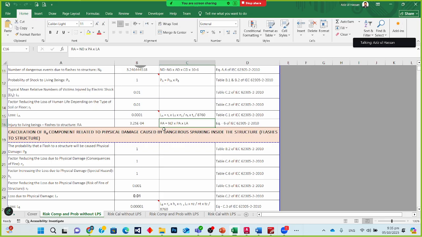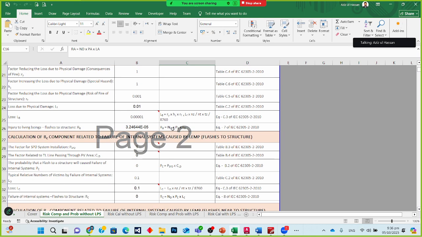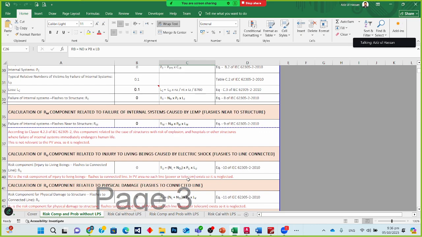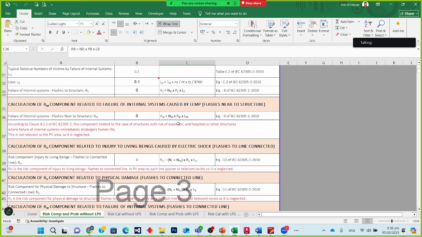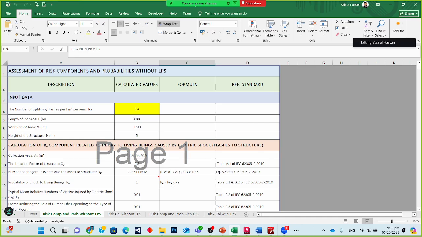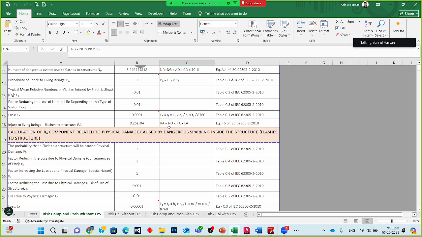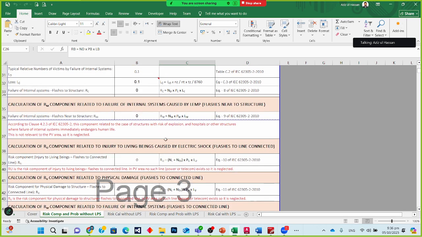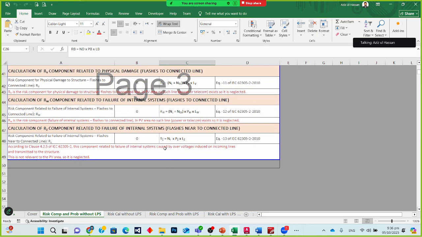We need this calculation for RA, RB, RC, and the same for the others. I have given this in the calculation: RB is ND, PB, LB, and also RC is ND, PC, and so on. So we need proper calculation of RA, RB, RC, RM, RU, RV, and RZ.